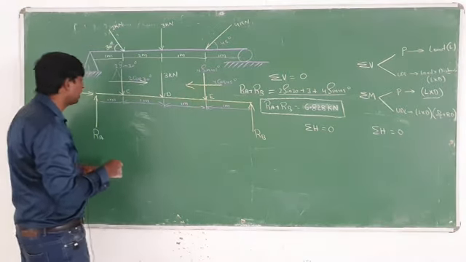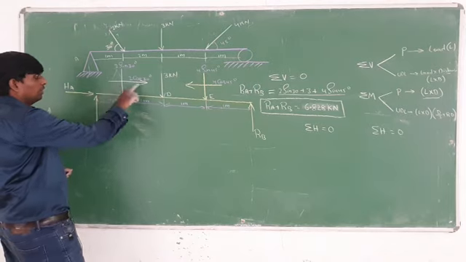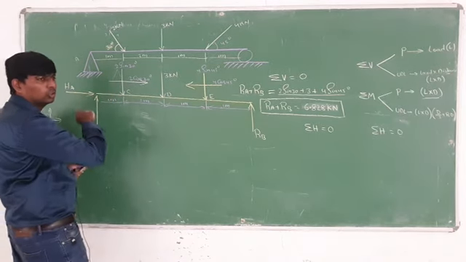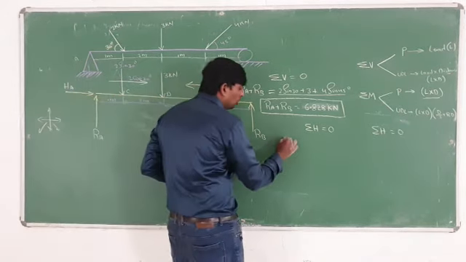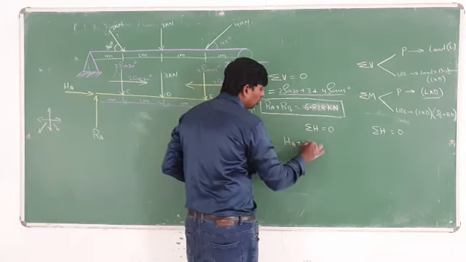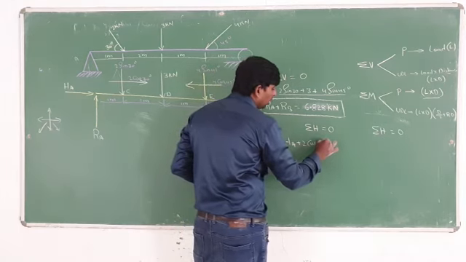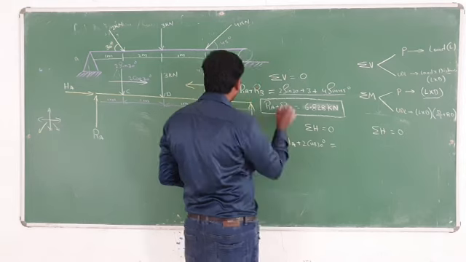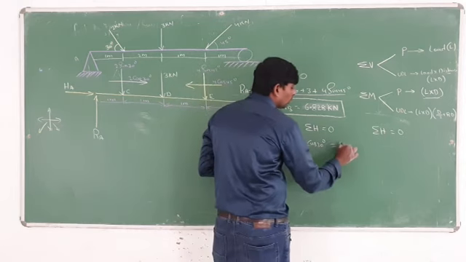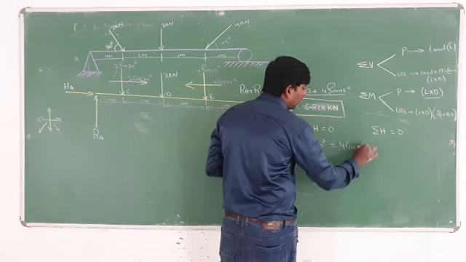How many forces are going right side here? First one is HA. Second one is 2 cos 30. So HA plus 2 cos 30 is equal to, what are the left side forces? 4 cos 45 degrees.